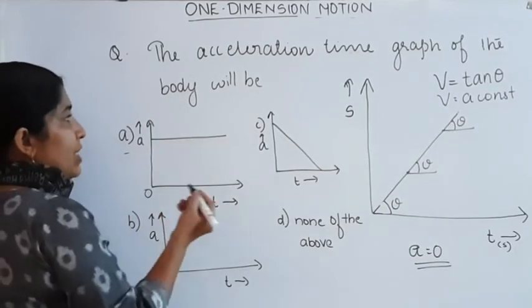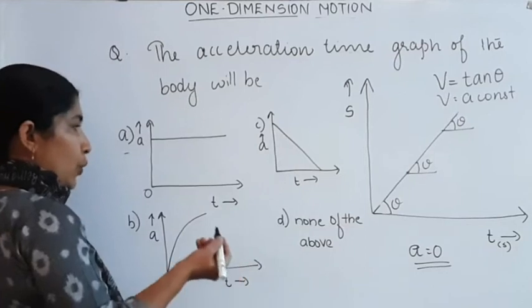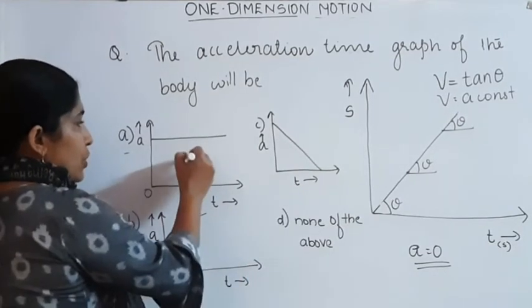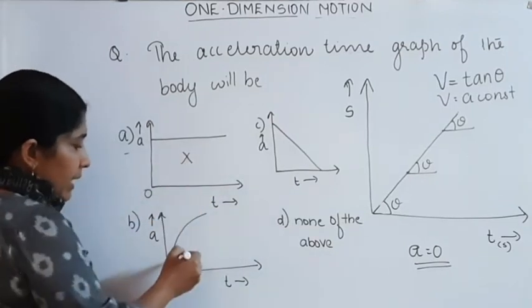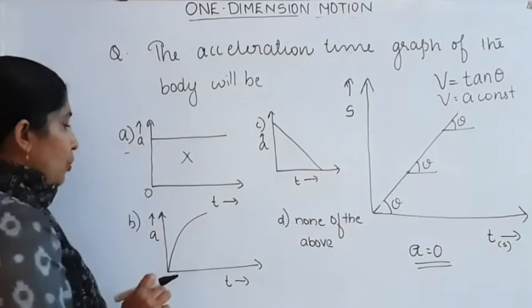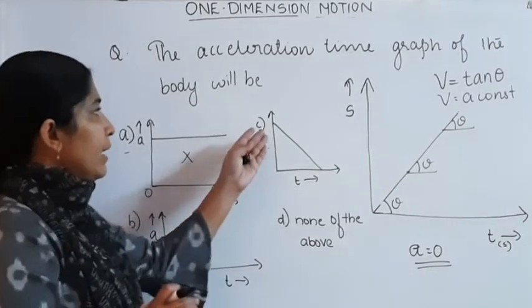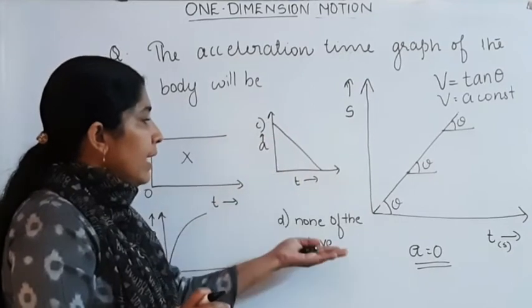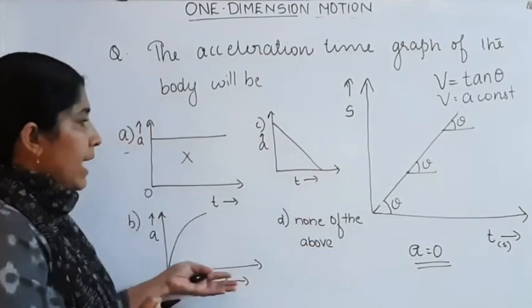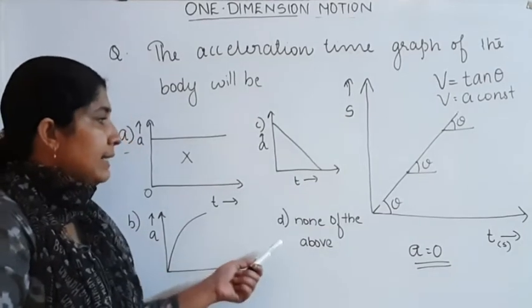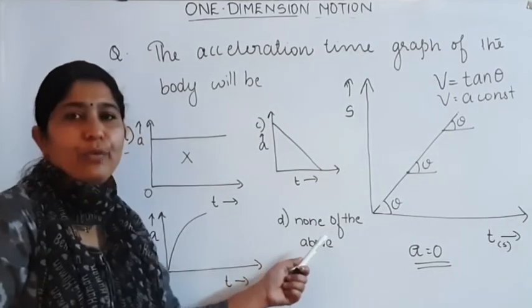That is, acceleration will have a particular or definite value. So the first option is not correct. In the second option, the acceleration of the body changes. And here also the acceleration is not equal to 0. So we can select the answer as none of the above.